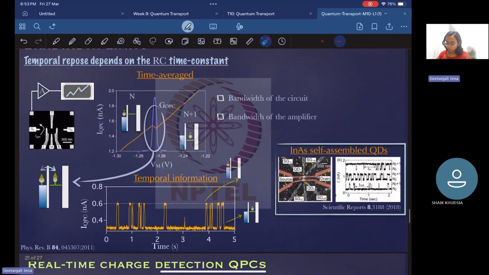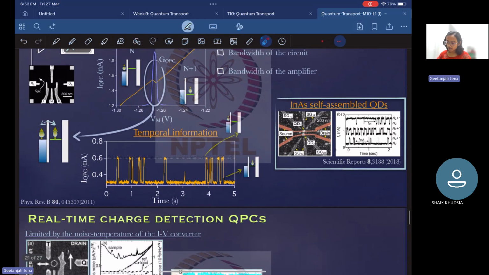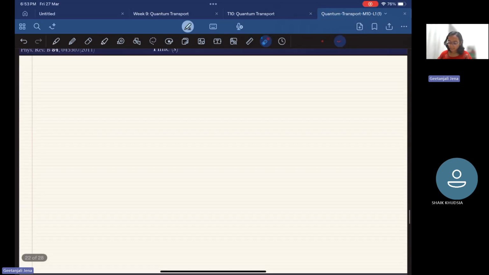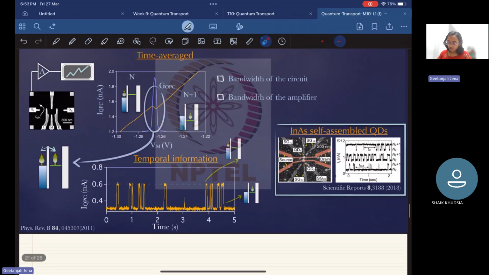For a QPC-based charge sensor, as I have said before, we are measuring the current around the transition point, and we'll see a peak in the change in conductance graph.